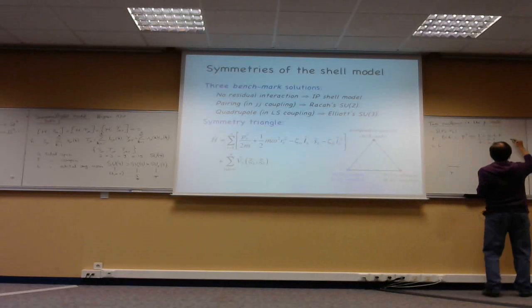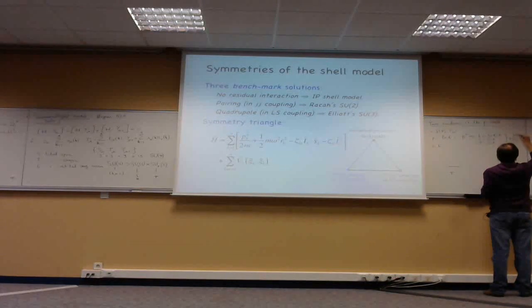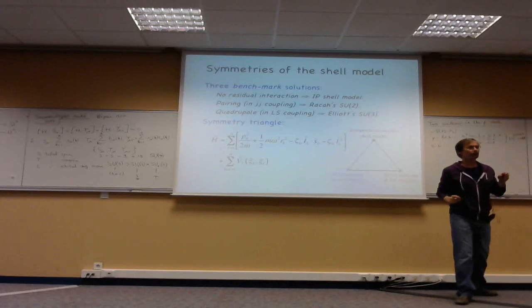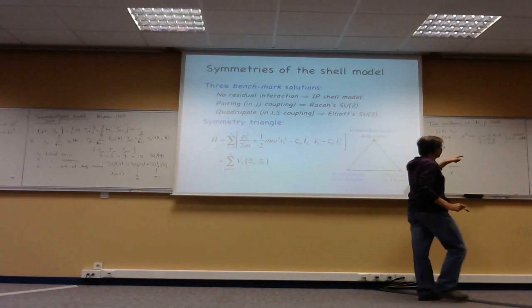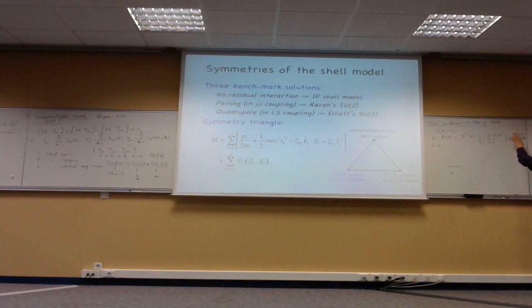Then remember the rule, this must be odd. This is something we derived in the first lecture. Because of antisymmetry, if L is even, then S plus T must be odd. So this is the rule of antisymmetry.